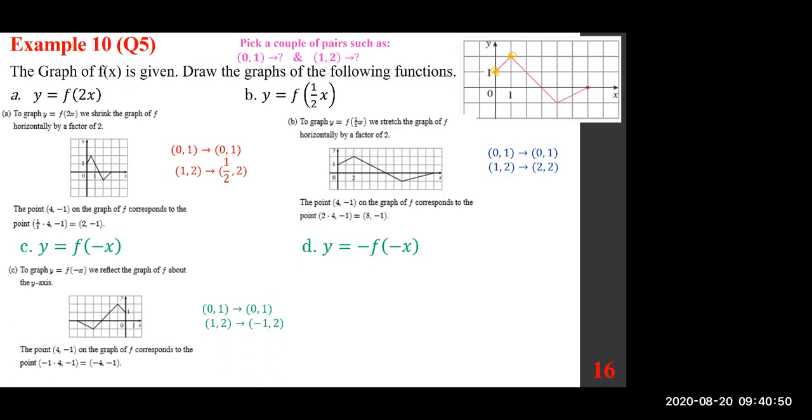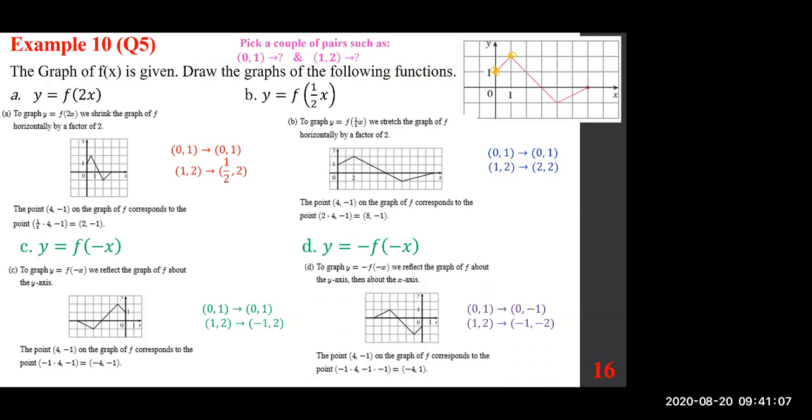Finally, minus f of minus x. So not only x changes, also the y changes. That's the idea. So now the y changes also. And again, you really need a couple more pairs. You can graph it accordingly.